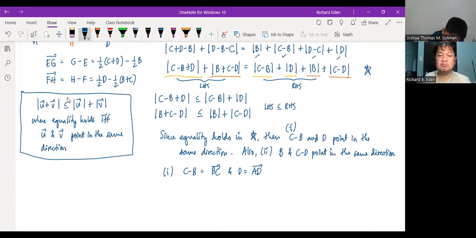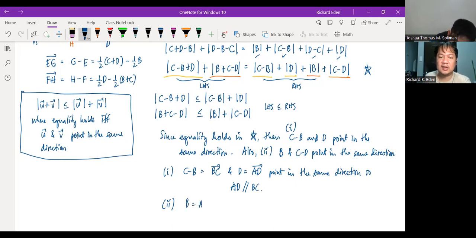That means BC and AD are parallel. However, we have no conclusion that they have the same length, so they're just parallel. That's why we also need number 2.